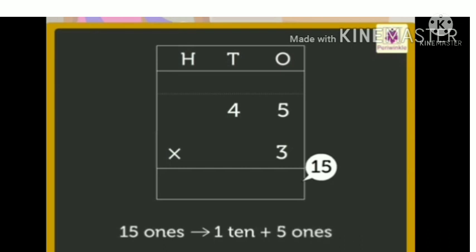In the place value chart, multiply the digit in the ones place. That is, 5 into 3 is equal to 15. Now, regroup 15 ones as 1 ten plus 5 ones. Carry 1 ten to the tens column.